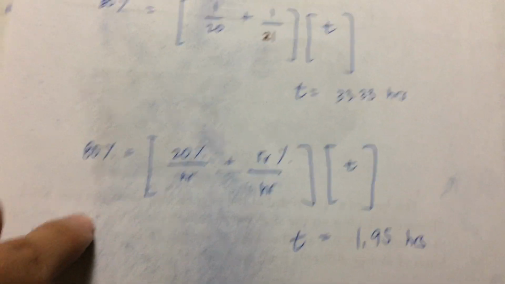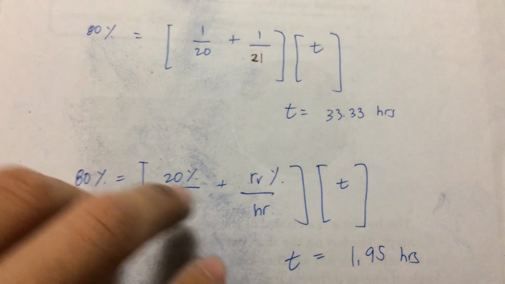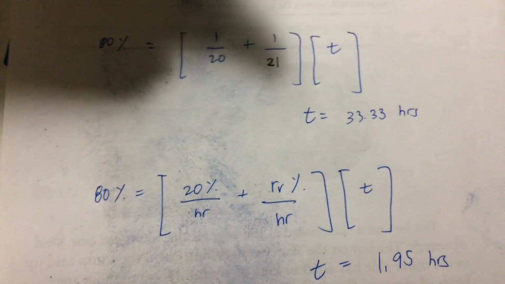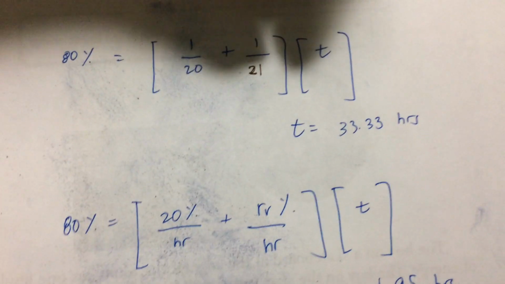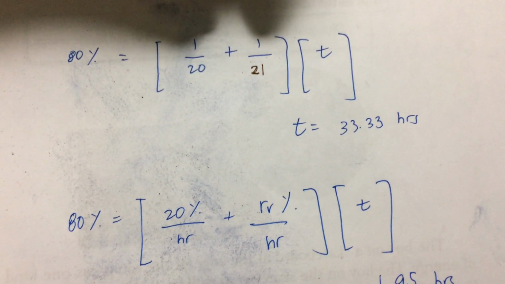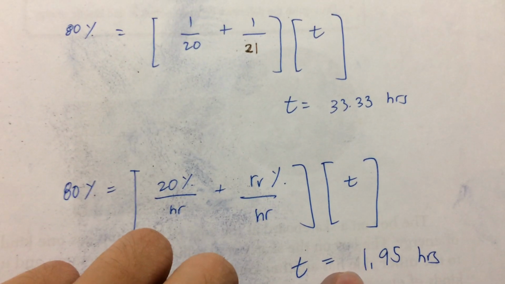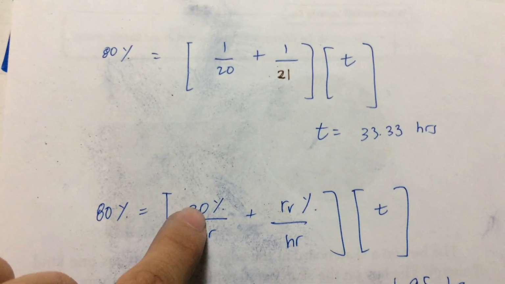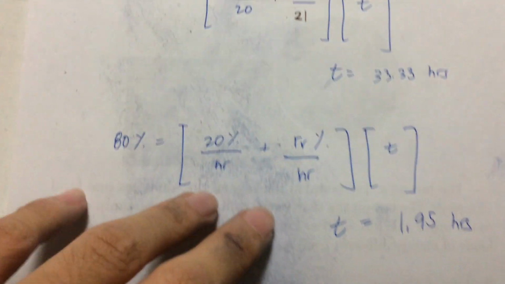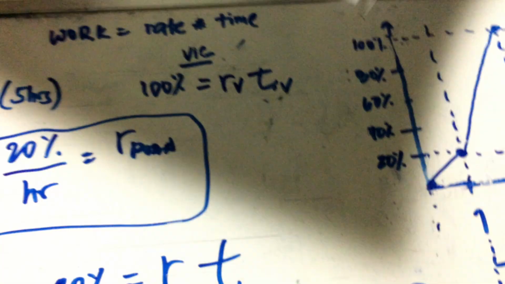Logically, if two people help together, the time it takes to complete the job must be a lot smaller. So that means they're not fractioned. Just add them together.